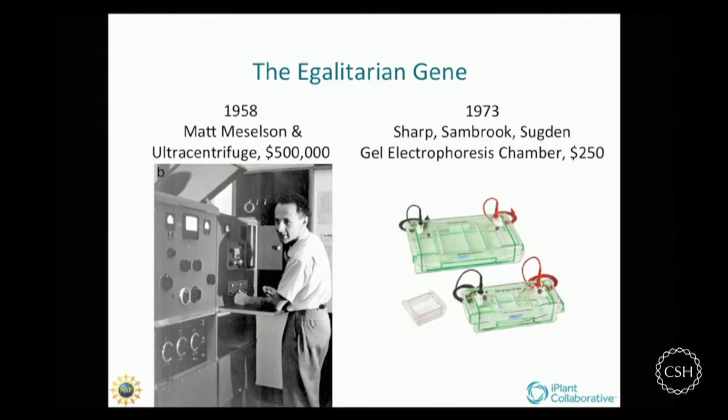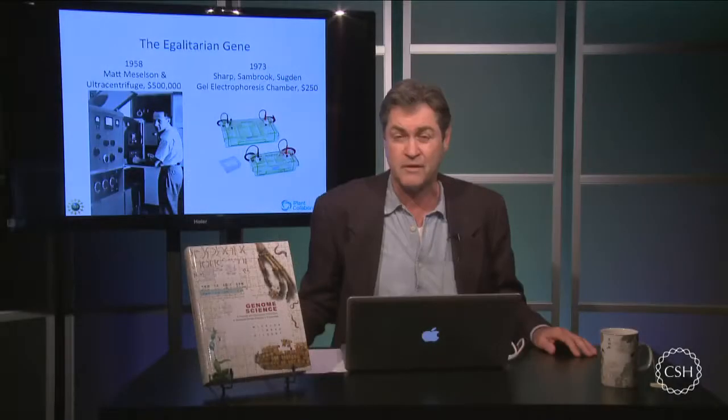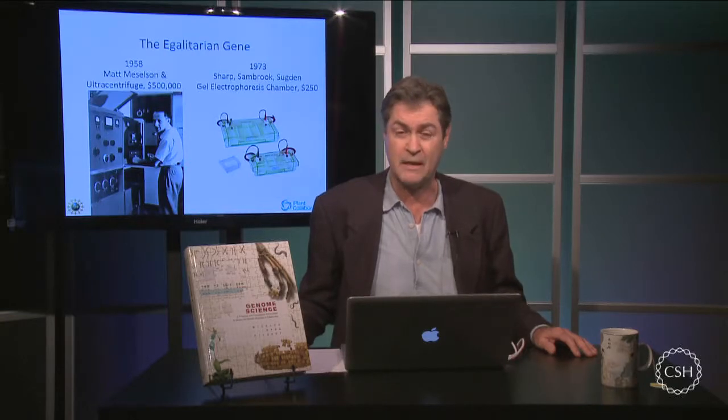And that centrifugation, just to separate out a gene-sized piece of DNA, would take you probably overnight. In 1973 at Cold Spring Harbor Laboratory, 3 scientists here invented what we now know as agarose gel electrophoresis, which could separate a gene-sized piece of DNA for $250 in about 45 minutes.